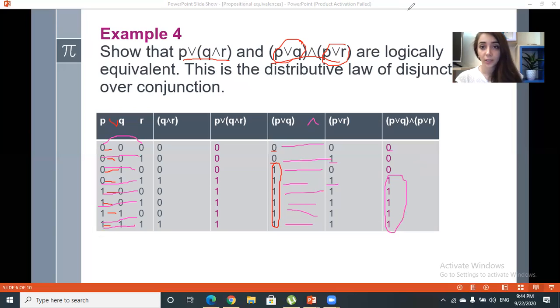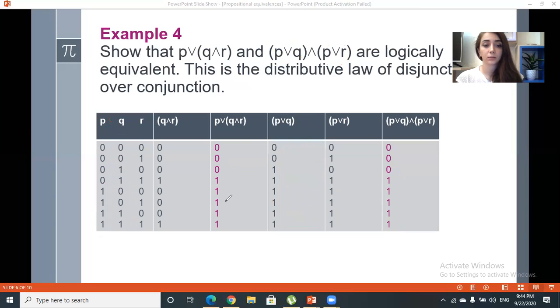So look at these two results. You see they are the same. Yes, so the truth values of these operations are the same.